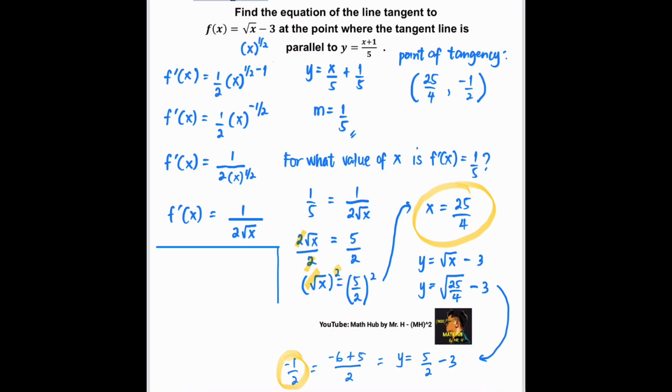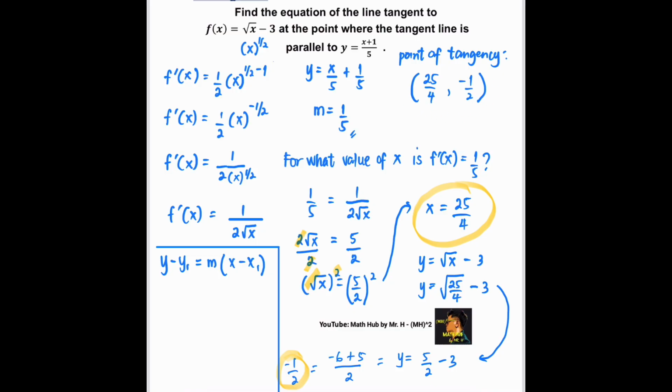The point-slope formula of the equation of the line is y minus y sub 1 equals m for slope times x minus x sub 1. So x sub 1 and y sub 1 are the coordinates of the point of tangency.